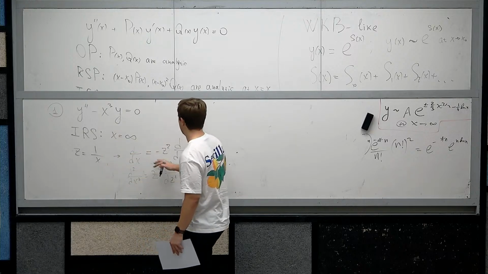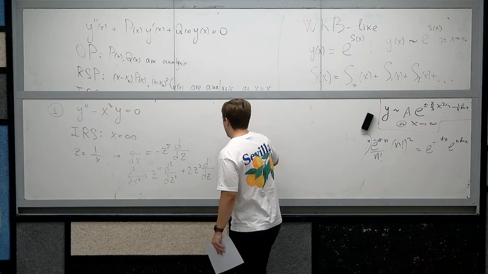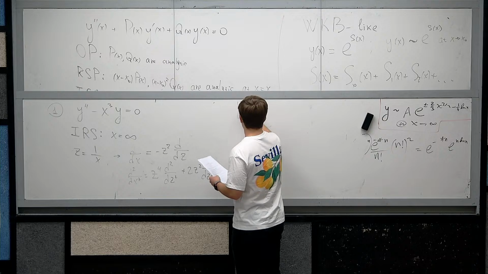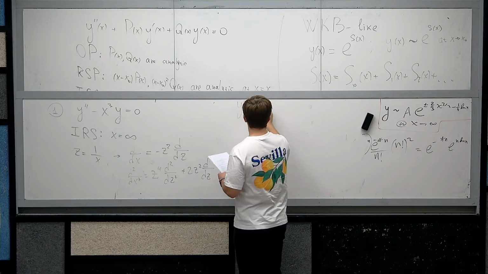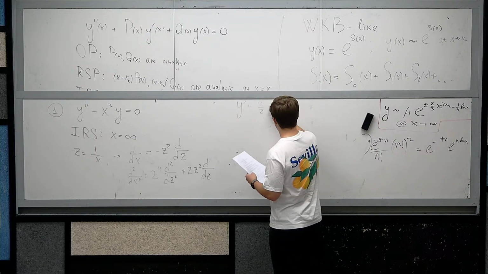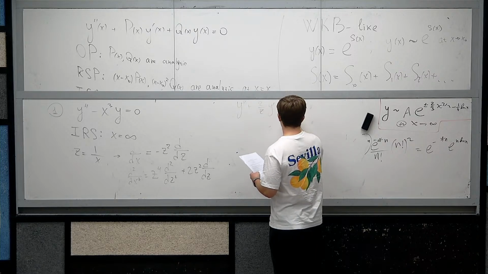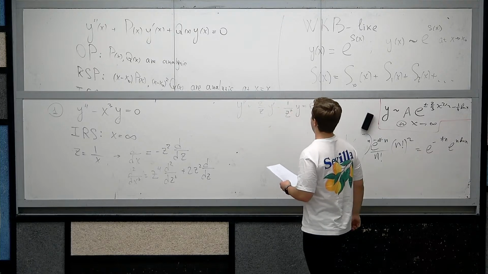I mean, we don't need this one, only the second derivative. We will get y double prime plus 2 over z y prime minus 1 over z to the 7th y. Okay.